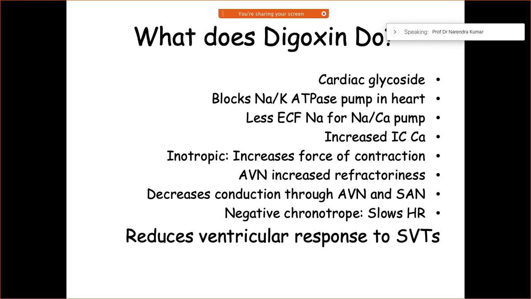And at the AV node, there is increased refractoriness and decreased conduction through the AV node and the SA node. When you look at the chronotropic action, there's an overall negative action, so it tends to decrease the heart rate, in fact, and that is how it reduces the ventricular response to supraventricular tachycardias.